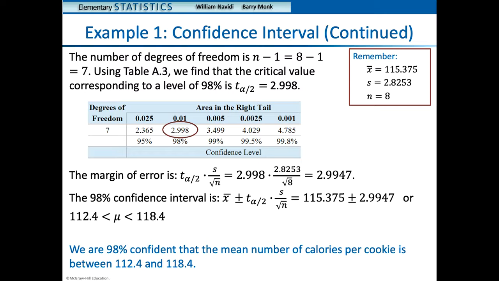And the final result is our confidence interval. And we can conclude by saying we are 98% confident that the mean number of calories per cookie is somewhere between 112.4 and 118.4. So that's the process for constructing a confidence interval using this method.